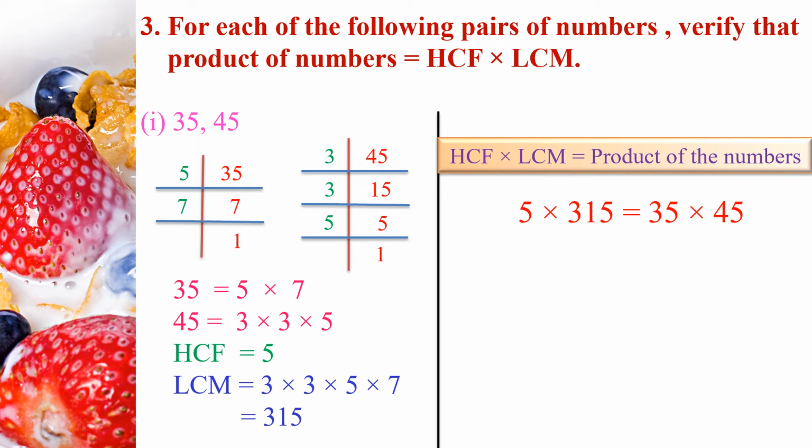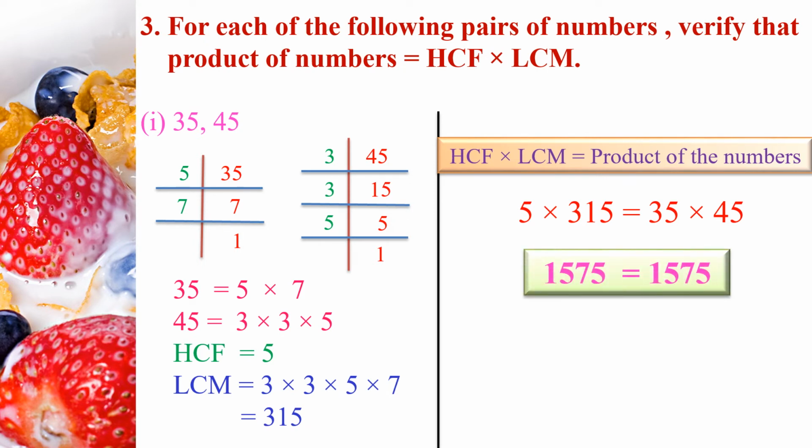We know that HCF, that is 5, and LCM, that is 315, equal to the given numbers 35 multiplied with 45. That means product of the two numbers. Now multiply in the left hand side and right hand side, we'll get 1575 equal to 1575. Hence it is proved.